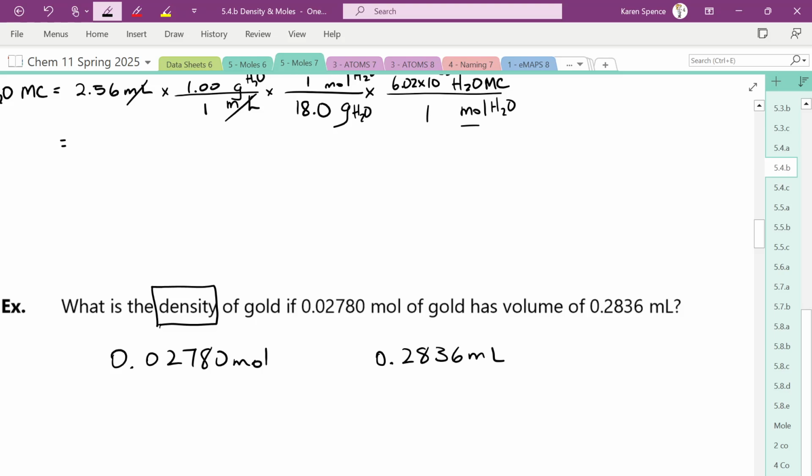Now, here's a little hint. There are certain things you cannot get by converting. You cannot find molarity by converting. Molarity is a division. You take your moles and divide by your liters. You cannot find density by converting, unless you're converting from one unit of density to another unit of density, because you need to have your grams over your liters.